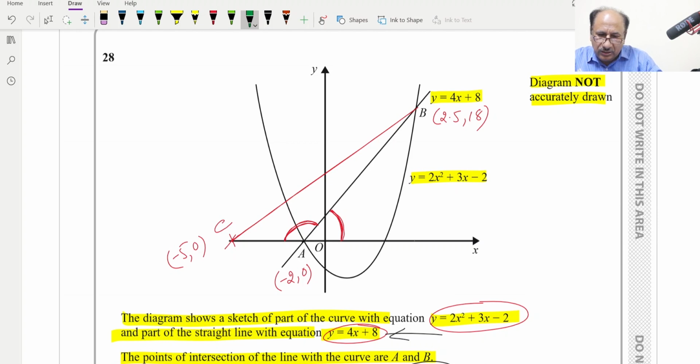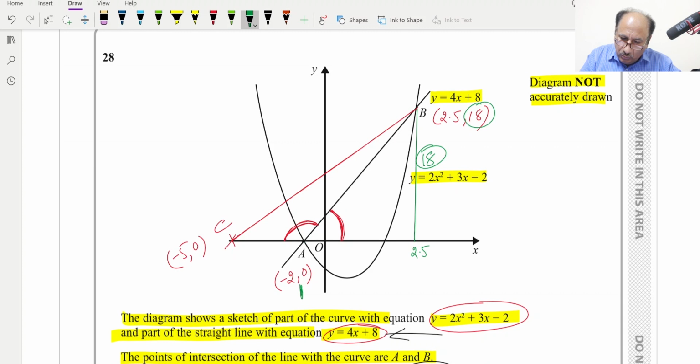we can draw a straight line from here and join this one, and we know the y value is 18, so this side will be 18, and this side x value is 2.5, so this will be 2.5, and this is -2, so from A to this point, the base of the triangle will be 2.5 and 2 units this side, so 4.5 will be the distance.